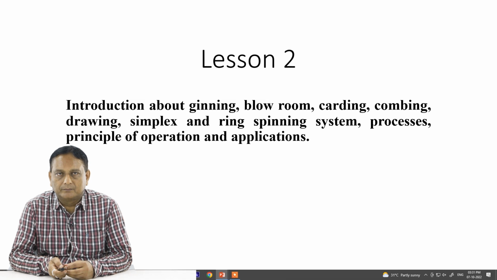Those basic processes we will see here in terms of ginning, blow room, carding, combing, drawing, simplex and ring spinning system. Different machineries are used for this, and there are different purposes and different applications of such machines. So those things we will see in lesson 2.